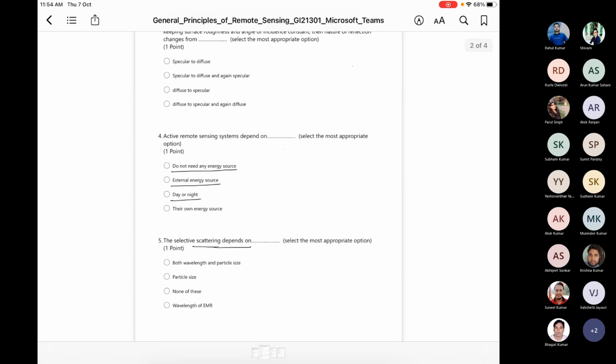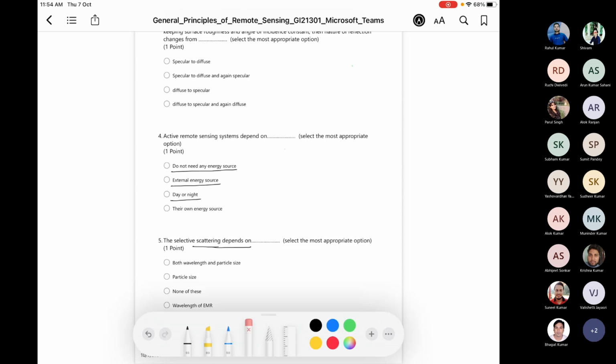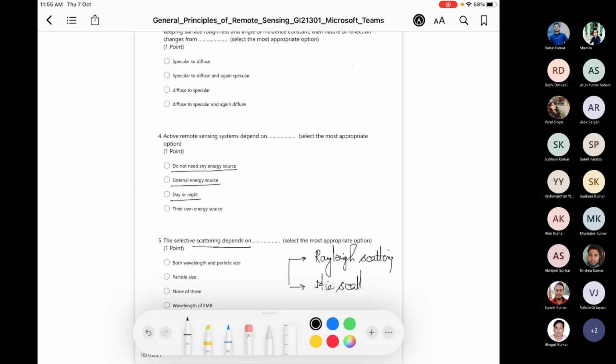So the fifth problem is related to scattering. Selective scattering is of two types. The first one is Rayleigh scattering, and the second one is Mie scattering.